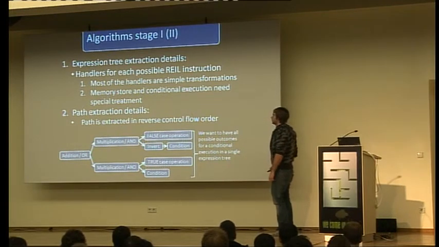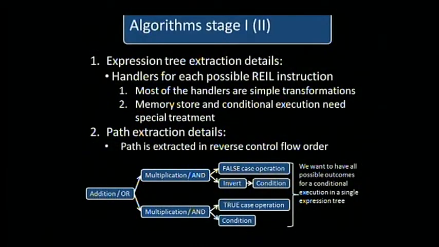Okay. Yeah, the path is extracted in reverse control flow order. I've already told you this. We start at the 3 branch instructions and go upwards from there until we meet something that we cannot handle. So what did we learn now? We learned that we can extract expression trees for a native instruction, and we can extract paths from the executable until we don't know how to go further, or until we reach a threshold which we do not go any deeper into.